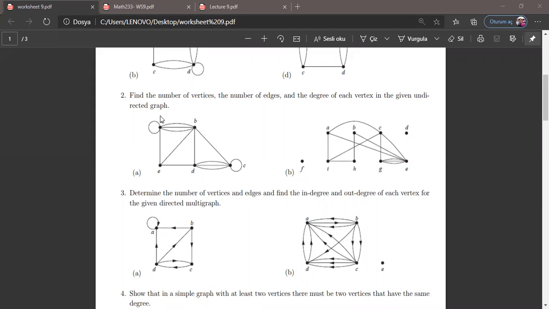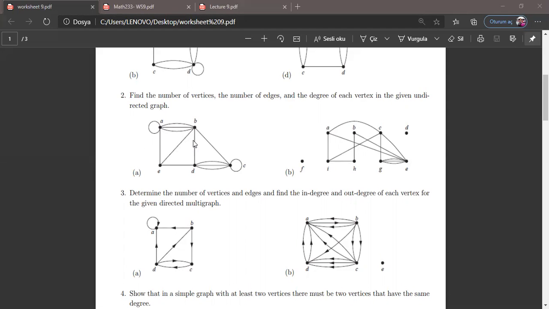For example, for A, remember that in an undirected graph, each edge counts as 1 for the degree. And if we have a loop, we add 2 to the degree.